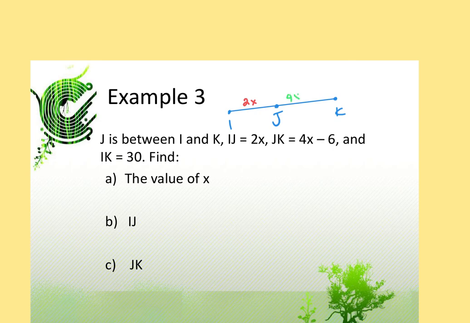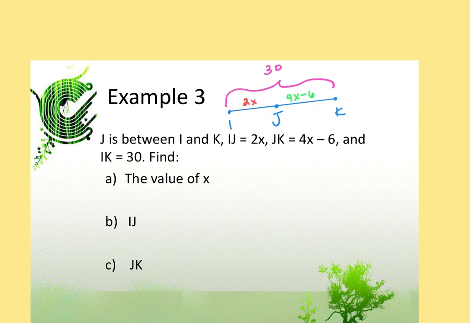JK is 4x minus 6. And IK, which is the whole thing, is 30. And then it says find the value of x.